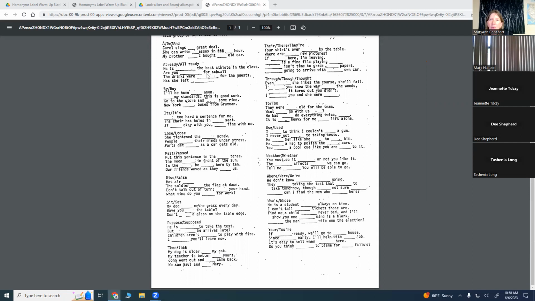This one is confusing: already and all ready. Already is a function of time, like it happened already. And all ready is like an adjective, like I'm all ready. We want to think about the different kinds of words. One's an adverb. How do you spell the first one? A-L-R-E-A-D-Y.